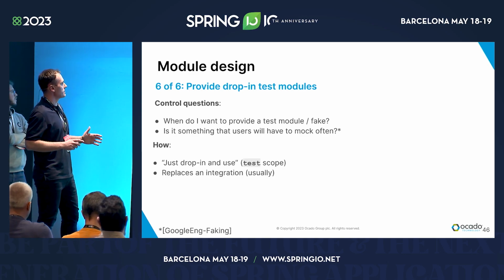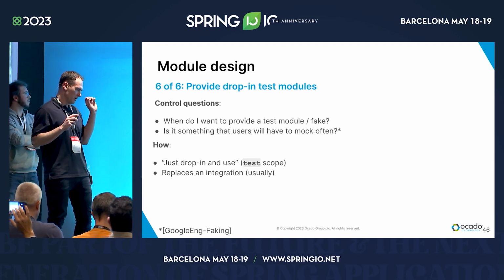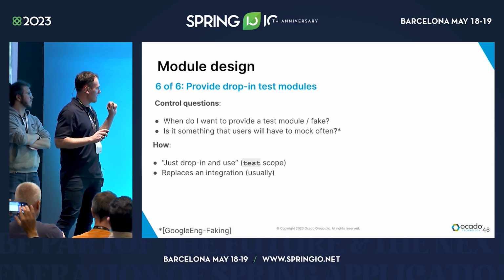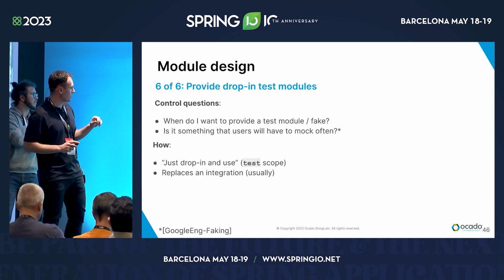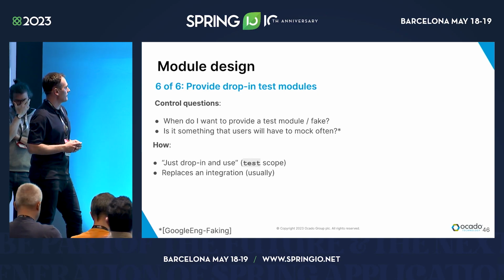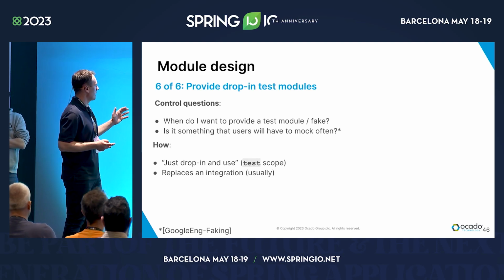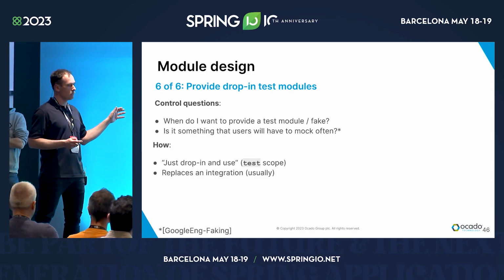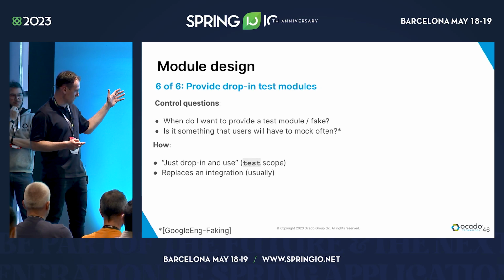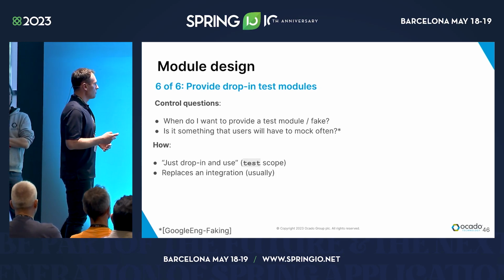If it's something that users have to mock often, we provide a test module: something for SQS, something for SNS, something for security server, and something for integrations usually. Nowadays, in the Testcontainers world, we probably have less need for that. So again, we'll probably deprecate those modules if there's no more need for that. We'll see adoption drop. We try to react to what's there.